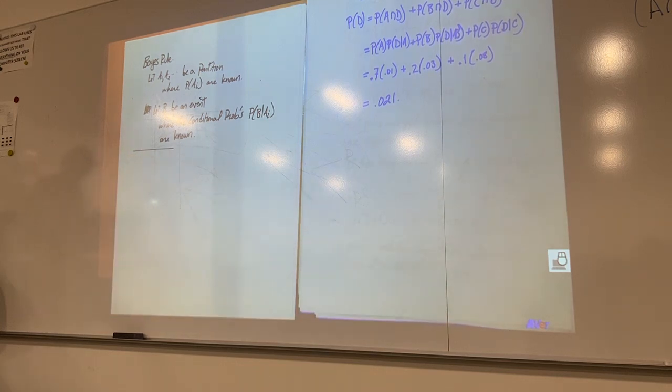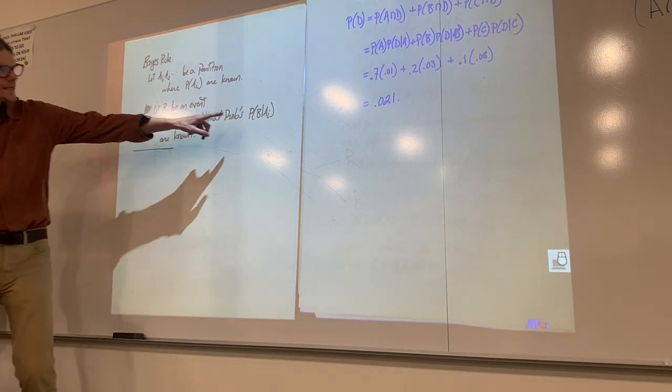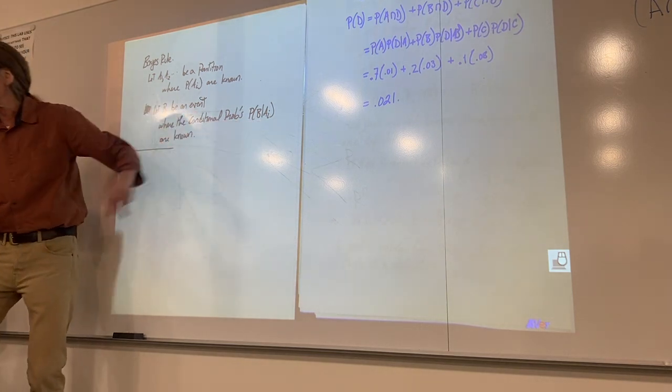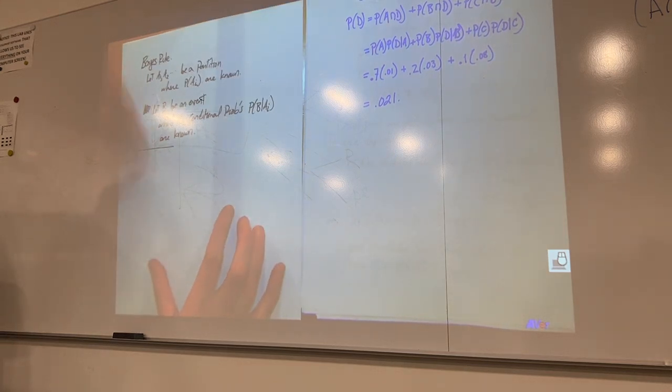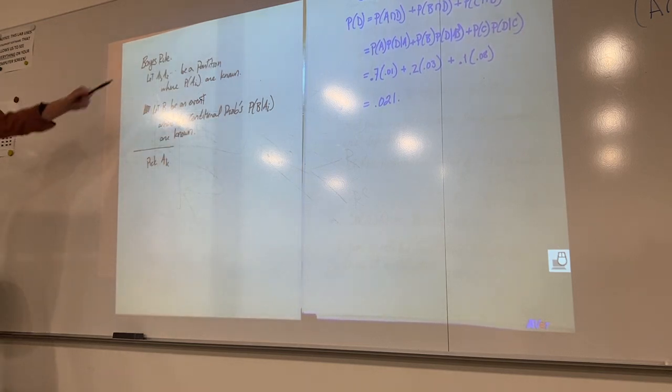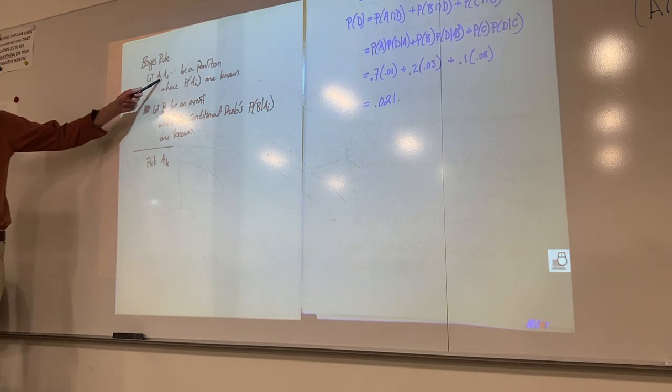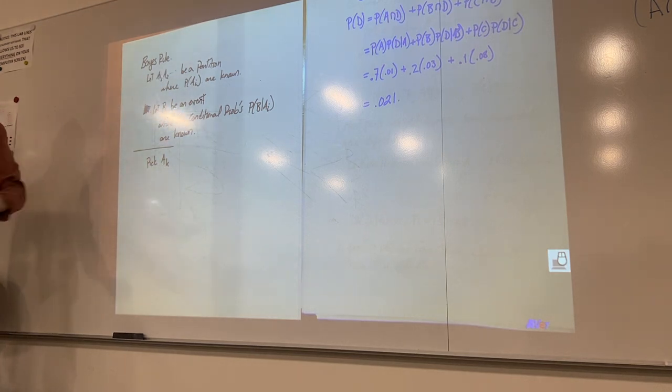As I said, a Bayes' rule problem switches this conditionality right in here. Okay, so let's pick some Ak. So I've got a specific one. This Ak is one of these partition pieces.